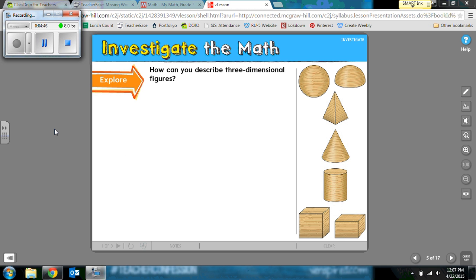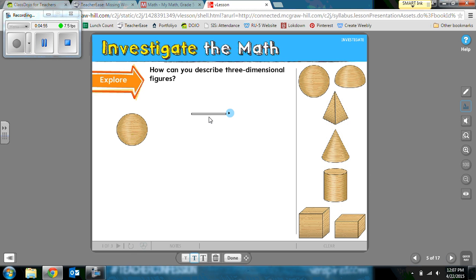Up next, we're just going to go through some shapes and make sure you know what their names are. This is a sphere. A sphere won't have any of those edges or vertices that we talked about. It does have one face, which would be the whole thing because it's one big part. Up next, we have a pyramid, just like the pyramids that you would see in Egypt. Pyramids always meet at the top.